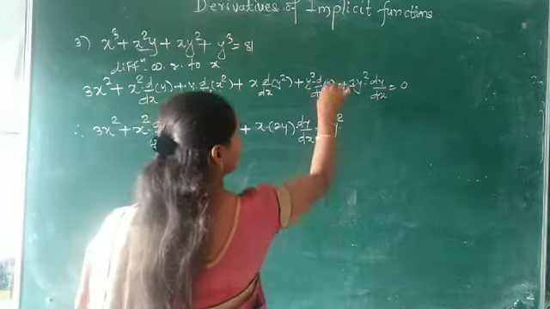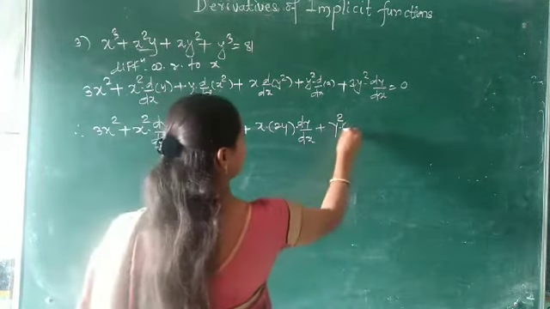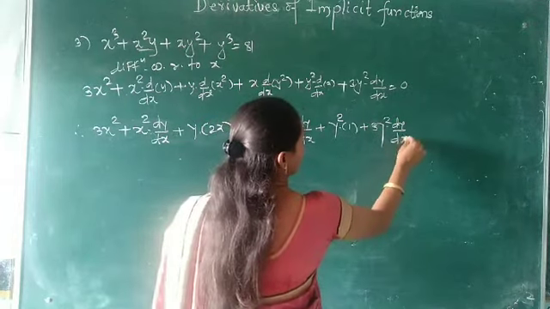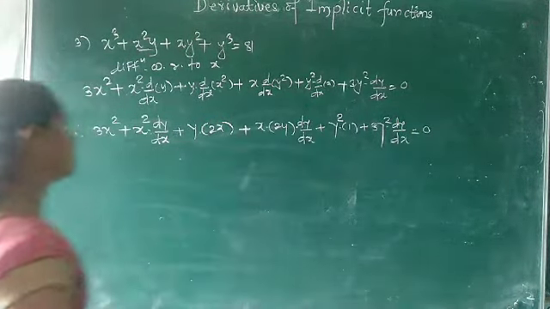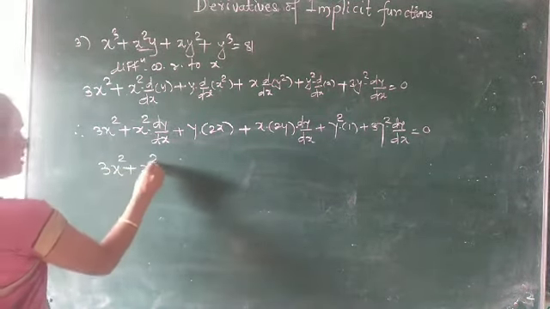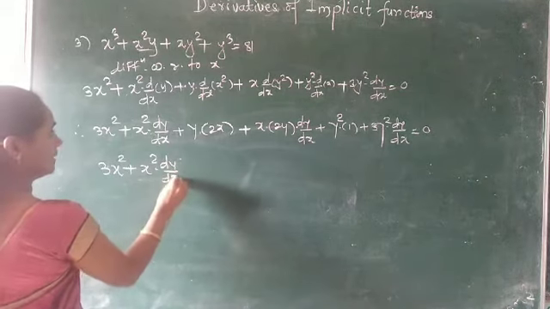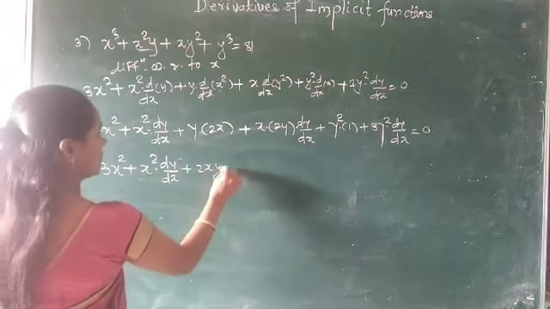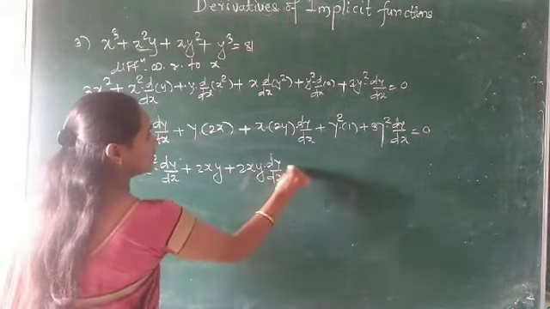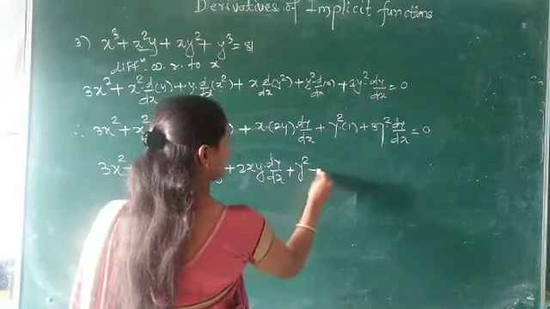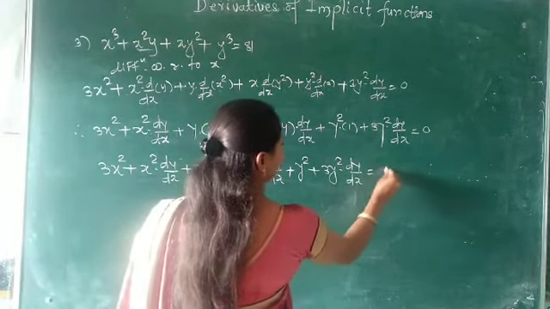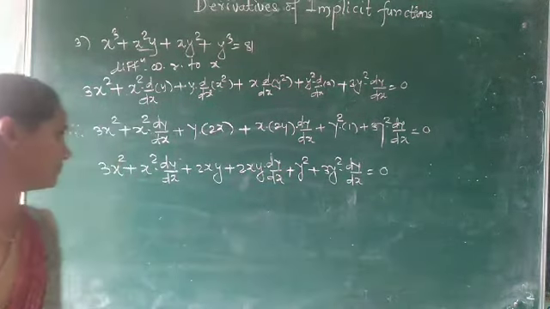Again this y square as it is, and derivative of x is 1. Now simplify: 3x square plus x square into dy upon dx plus 2xy plus 2xy into dy upon dx plus y square plus 3y square into dy upon dx, which is equal to 0.